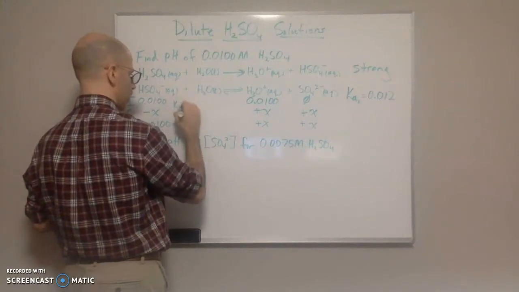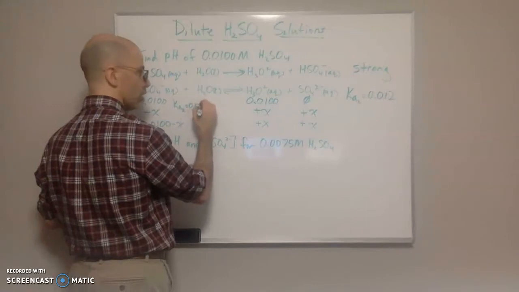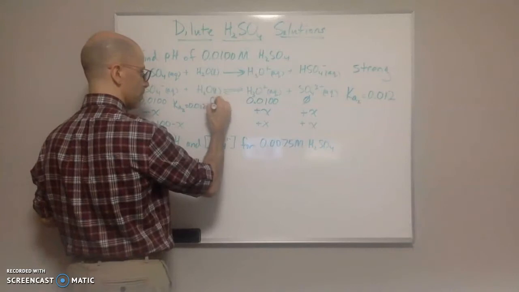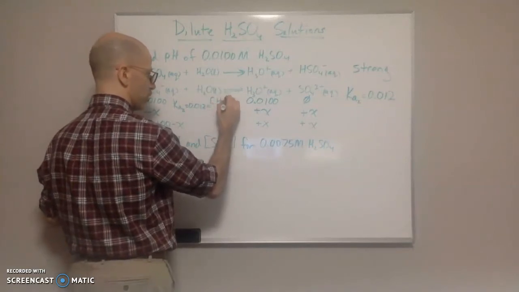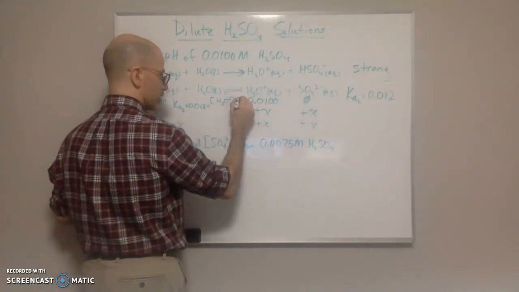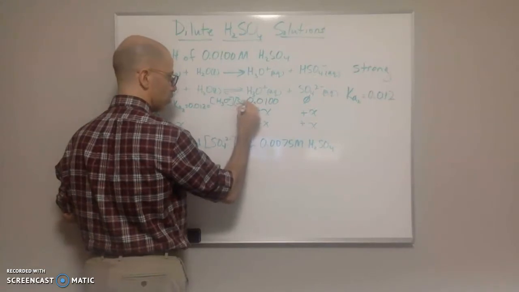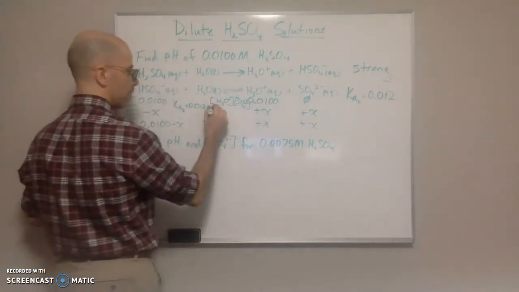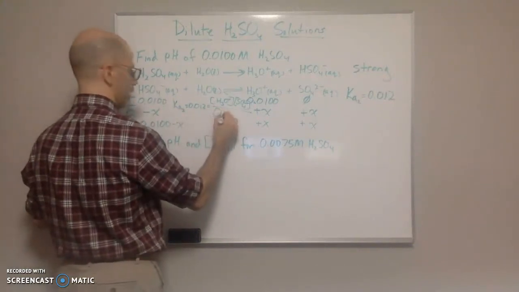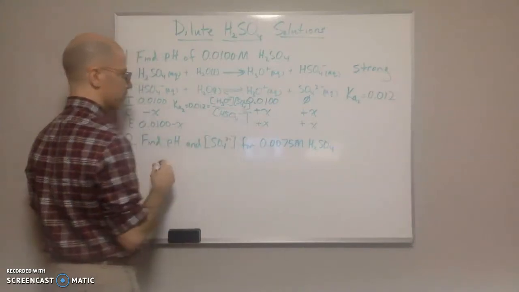Ka2 is equal to 0.012, which is equal to the concentration of H3O plus multiplied by the SO4 2 minus concentration over the concentration of HSO4 minus.